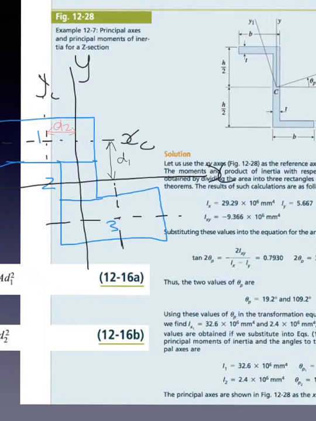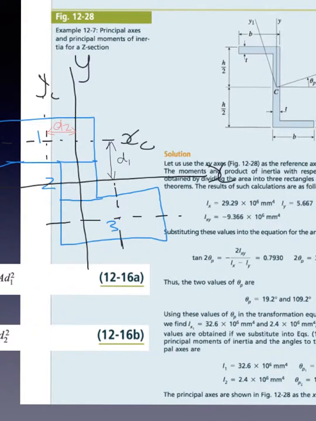And once we've done that, we have now basically calculated the untransformed moments of inertia, and we are ready to use equation 1233 and 1236 to finally transform our moments of inertia so that they are a true representation of our tilted Z section. So we want to transform this IX and IY. We know how to calculate IX. We know the area of each rectangle.